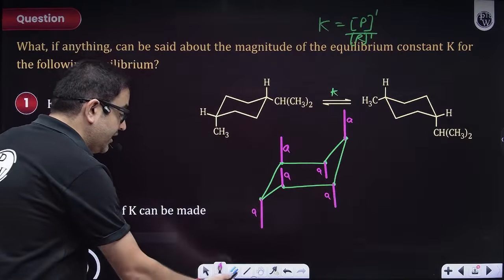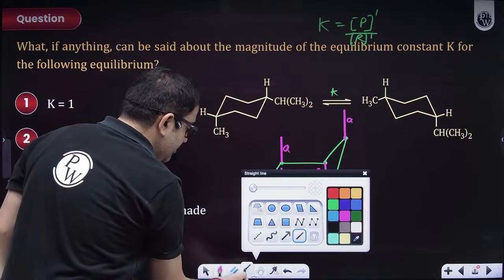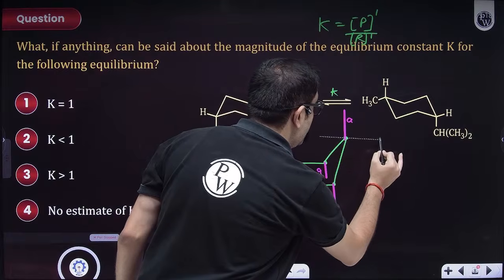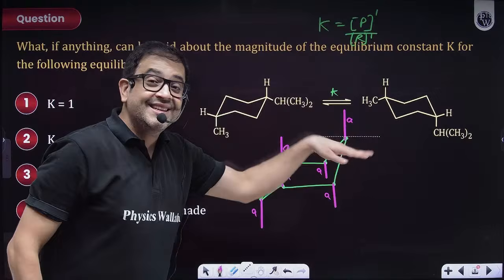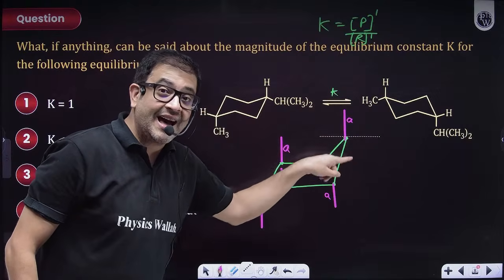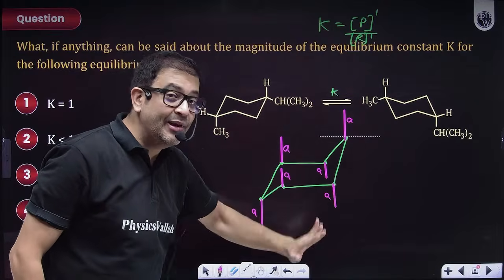Sir, how to draw an equatorial bond? You do not have to worry. Just think of a perpendicular x-axis from that axial bond. Because this is up and each carbon is tetrahedral, the two bonds, the green lines, are on the same plane; one will be above the plane, one will be below the plane.